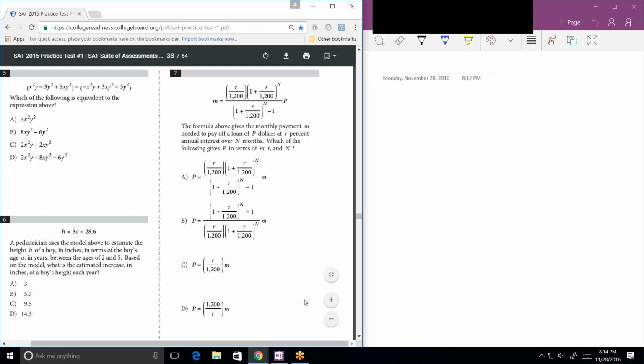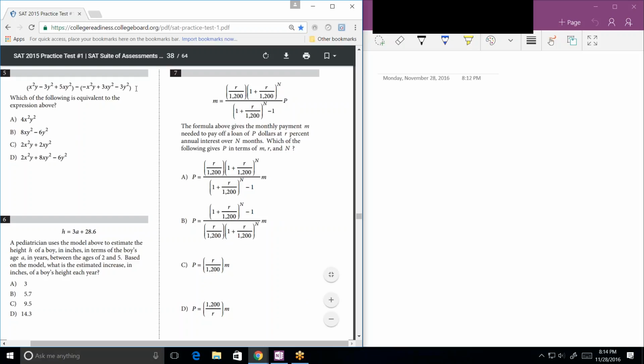You can, if you want, get yourself a pencil and paper if you need to do this. You probably don't need to. The way to do this problem is we've got an x squared y. How many x squared y's do we have in the whole expression?